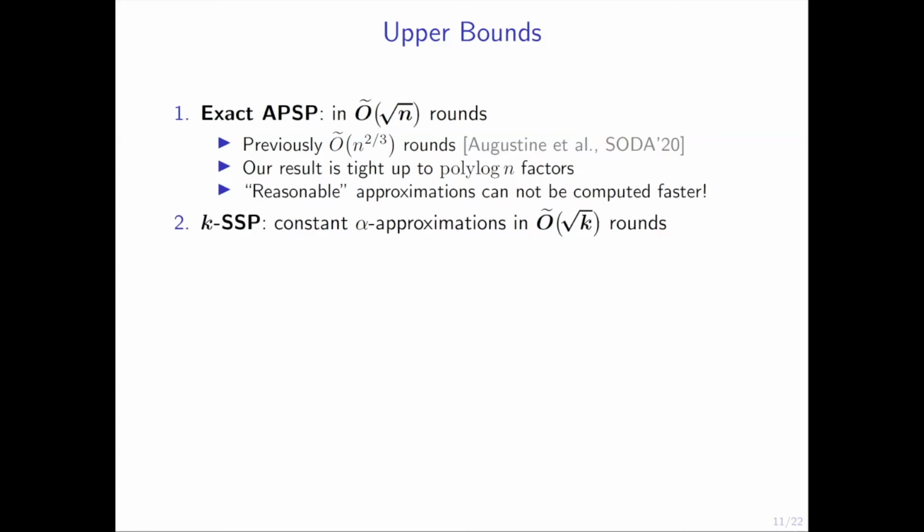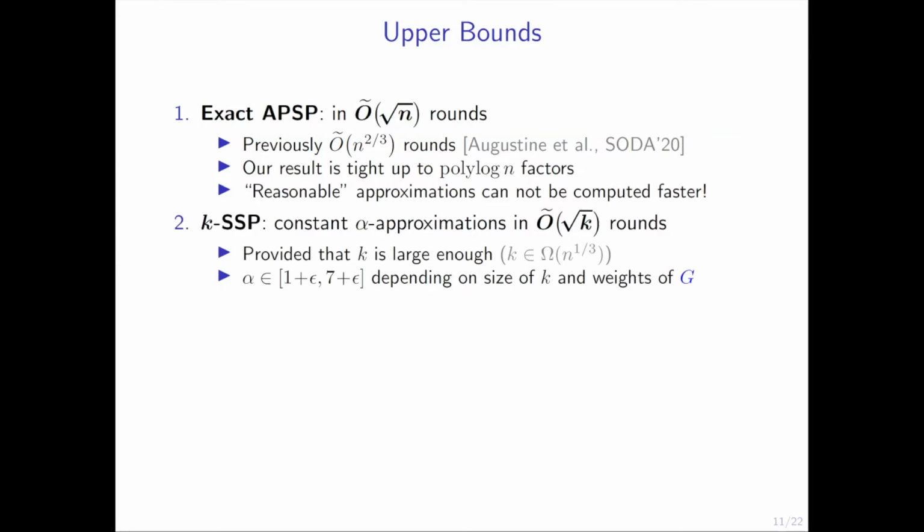Our second result is that we show that constant approximations for the k-source shortest path problem are possible in square root of k rounds, with the side constraint that k needs to be large enough. So typically we require k at least omega of n to the 1/3.